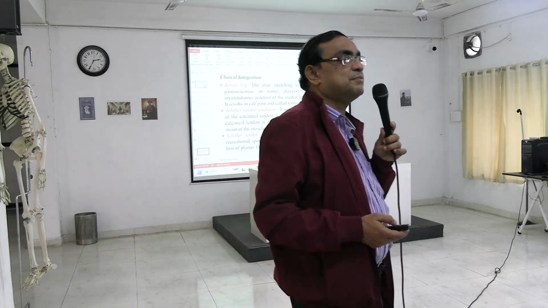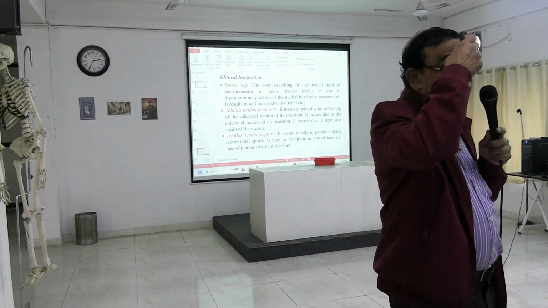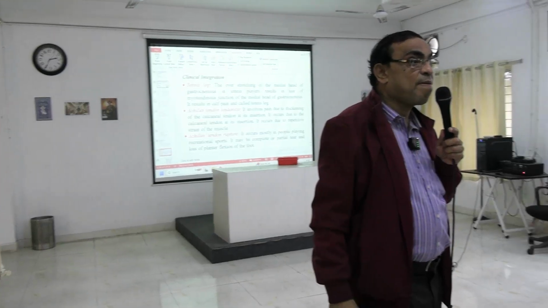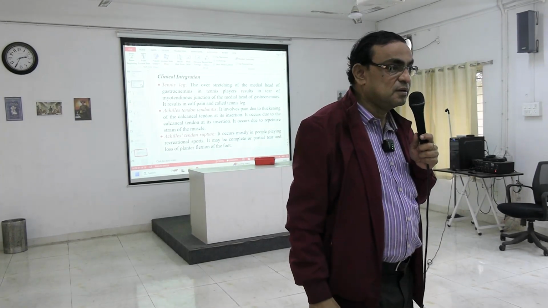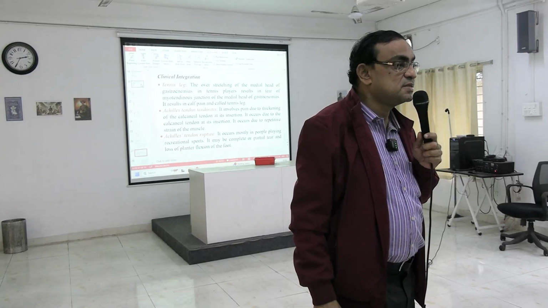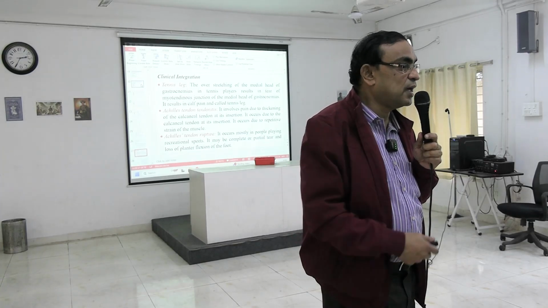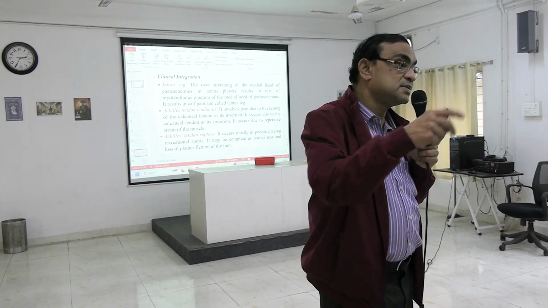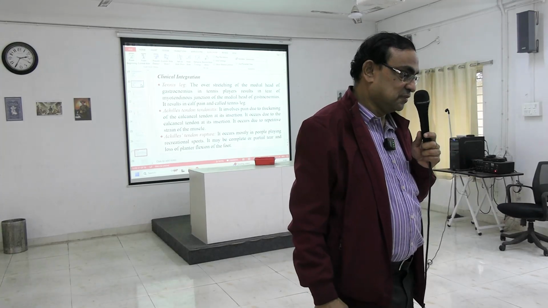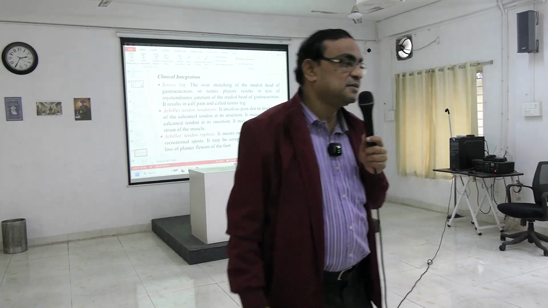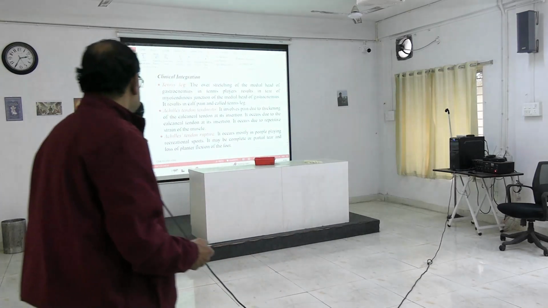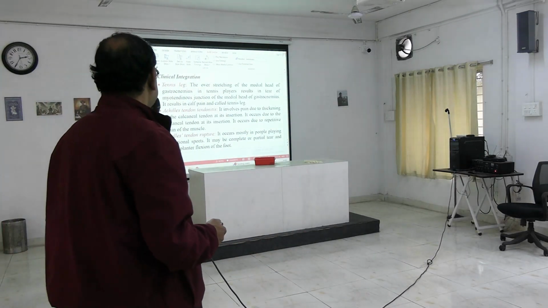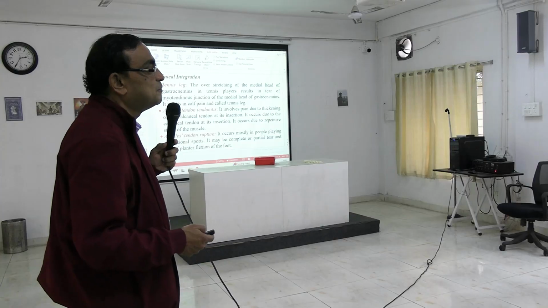Actually, the tendon is affected sometimes. Tendinitis is a misnomer. Actually, there is one bursa between the calcaneum bone and this tendon. That bursa is affected, so it is not that the tendon is affected. And tendon rupture can happen.